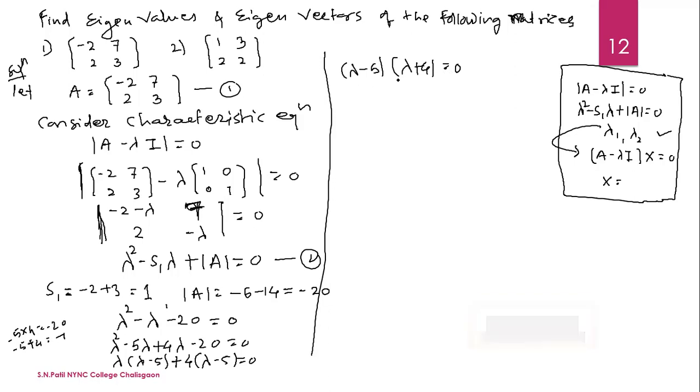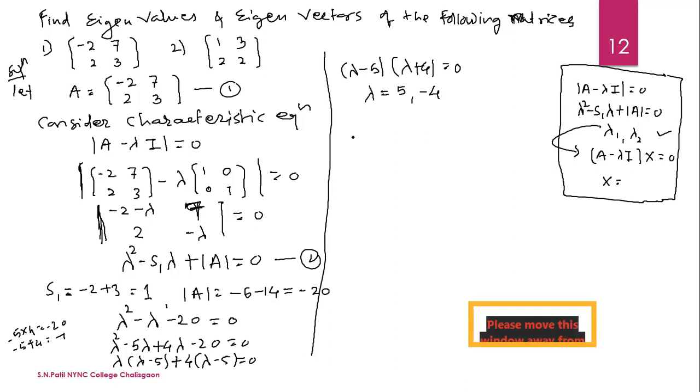So lambda minus 5 is equal to 0 or lambda plus 4 is equal to 0. Then lambda is equal to 5 and minus 4. That is, lambda 1 is equal to 5 and lambda 2 is equal to minus 4.